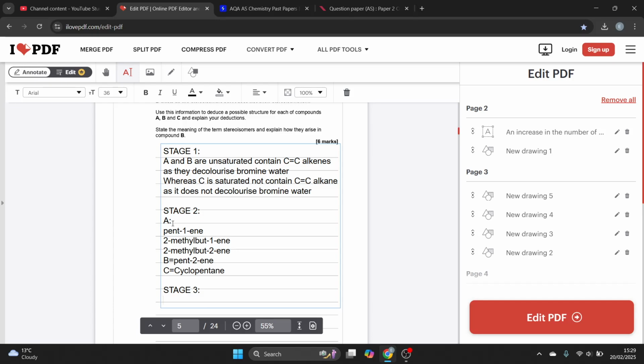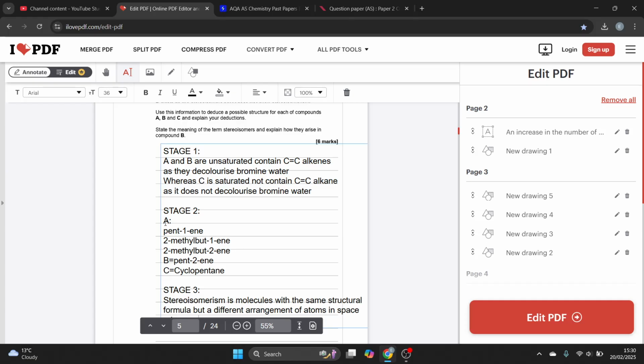explaining differences. Well, explain what stereoisomerism is. Stereoisomerism: molecules with the same structural formula but a different arrangement of atoms in space.